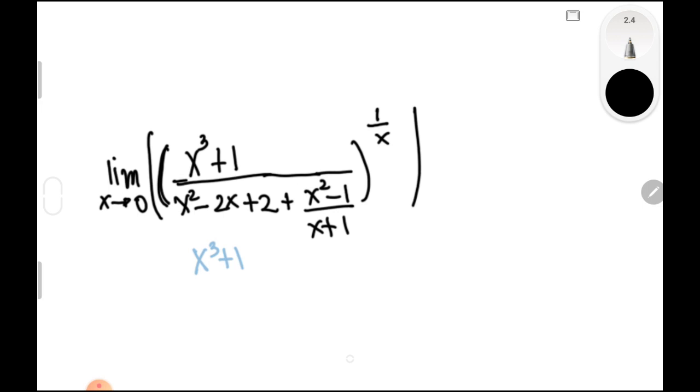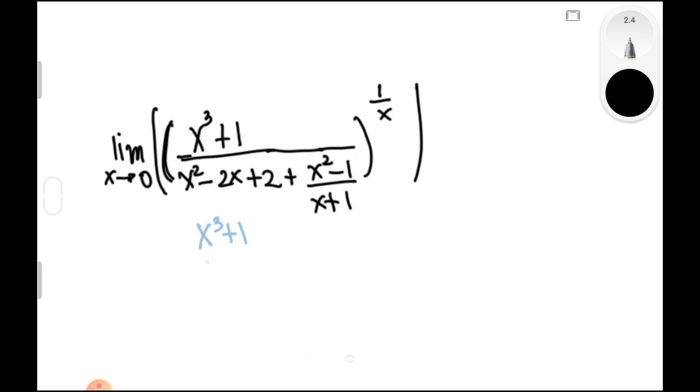Okay, so pag nag-substitute ako ng 0 sa mga values ko, meron kang 0 minus 0 plus 2 minus 1, so magkakaroon ako ng value na positive 1. Okay, tama ba? So positive 1 siguro pag nag-substitute ako ng value ng 0. Okay, so therefore let's say paano kaya pag ito muna.